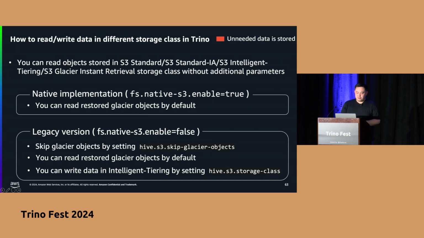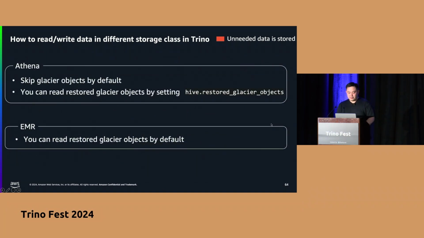But in the case of reading Glacier objects and writing data to Intelligent-Tiering, you may need to set some parameters. I put some explanation related to the storage classes and the parameters on this slide, so you can reference this later. This applies when you use Trino on Amazon Athena and Amazon EMR.